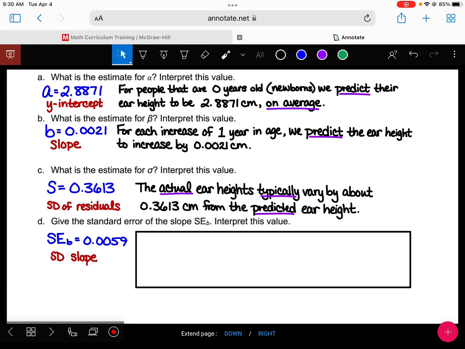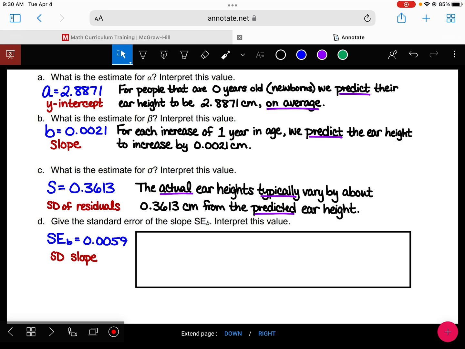How is the standard deviation of the residuals different from the standard deviation of the slope? We said that the standard deviation of residuals meant that actual ear heights typically varied by that amount from the predicted ear height. That's what my residuals are telling me.